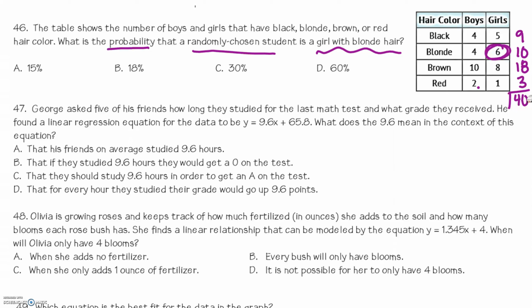So what I'm looking at is 6 out of 40. Out of 40 total students, 6 are girls with blonde hair. So I multiply it times 100. 6 divided by 40 times 100 equals 15%, which is A.